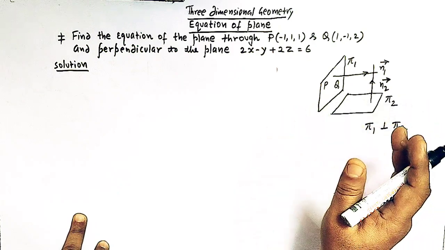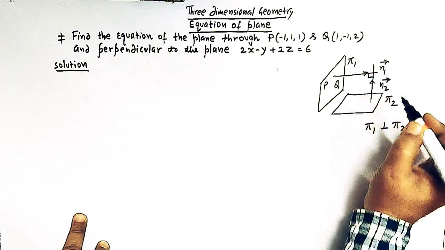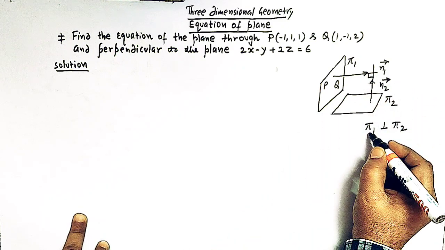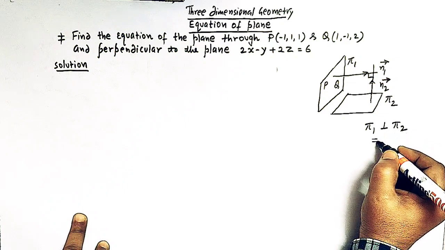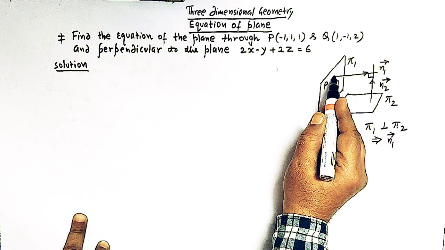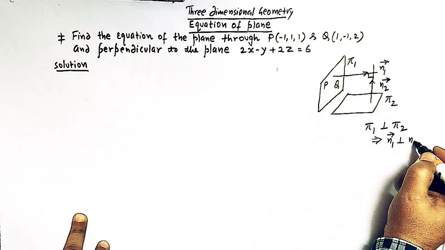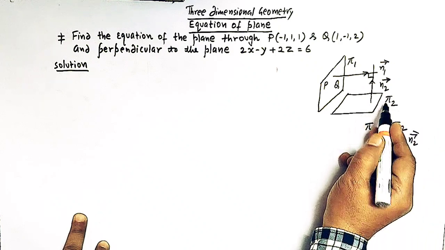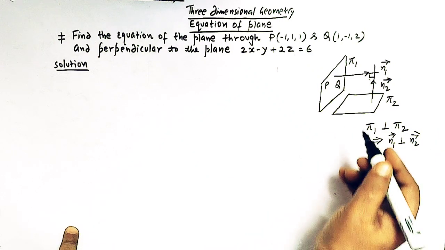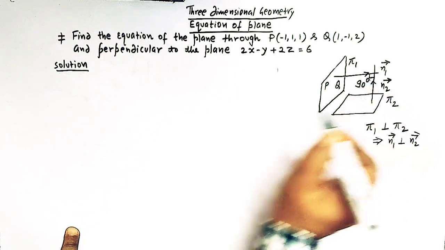So when two planes are perpendicular to each other, then their normal vectors are also perpendicular to each other. So pi 1 perpendicular to pi 2 implies that the normal vector n1 to this plane pi 1 is perpendicular to the normal vector n2 to the plane pi 2. So here this angle is 90 degrees, right?